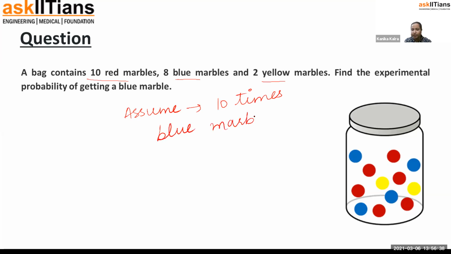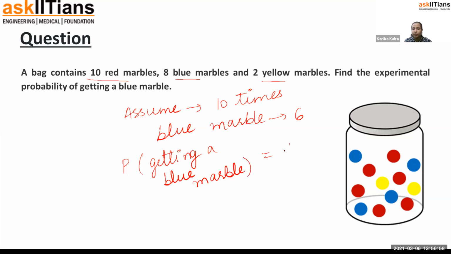Since no information is given, that is why we are assuming it. So the probability of getting a blue marble would be equal to 6 over 10. That's 3 over 5. You can assume any number, 20, 100, that's your choice.